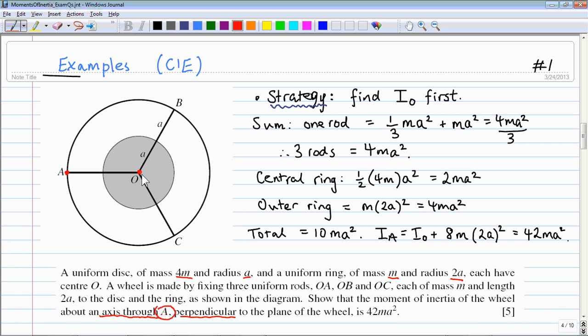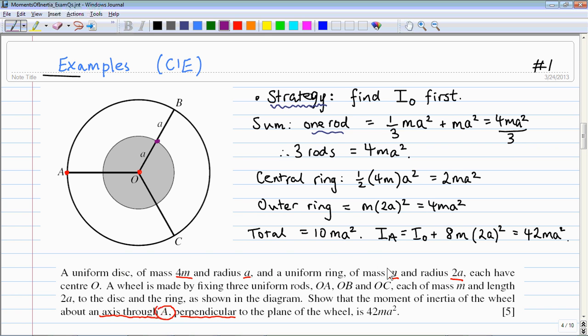Okay, so that's the whole strategy, but the first step is to find I_O, and the way to do that is to find the moment of inertia of each part of the system. So the first step I took was to find the moment of inertia of one single rod, such as OB. Using the standard result, I know its moment of inertia about this point, according to MF10, is 1/3 MA squared, where M is the mass of the rod.